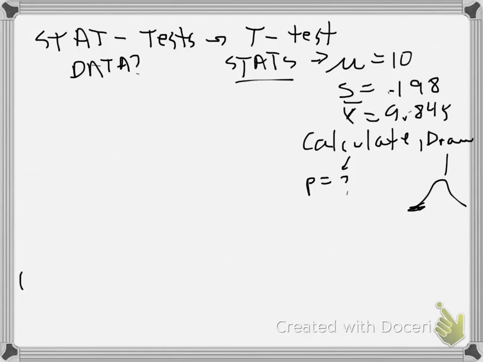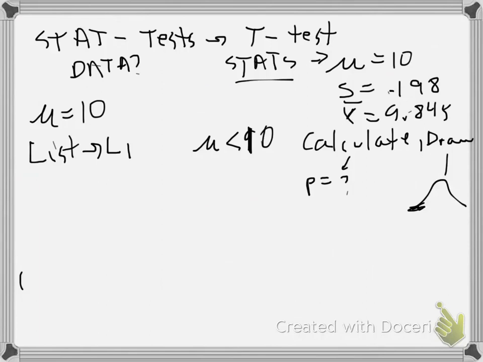If you do data, you have all the data. So you're still going to have to put mu equals 10, but it's going to ask you for a list. Well, we had all the data in L1. And when you go down to calculate, you always have to choose the alternative. Our alternative was that mu is less than 10.